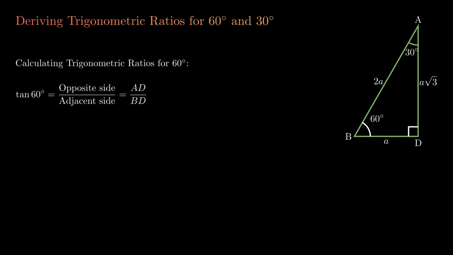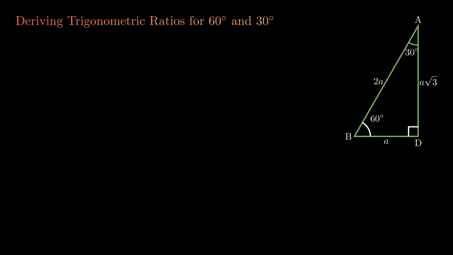Tan of 60 degree equals opposite side divided by adjacent, which is AD divided by BD. We know AD is equal to A times root 3 and BD is equal to A. So we have tan 60 degree as square root of 3. After calculating sine, cos and tan, it will be easy for us to compute the values of their reciprocals, right?